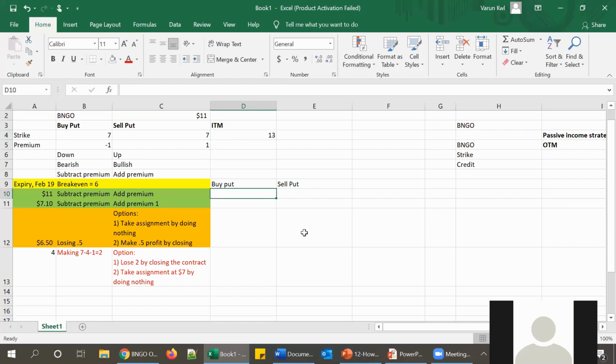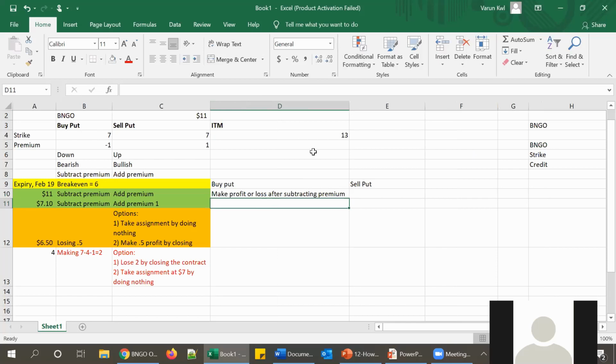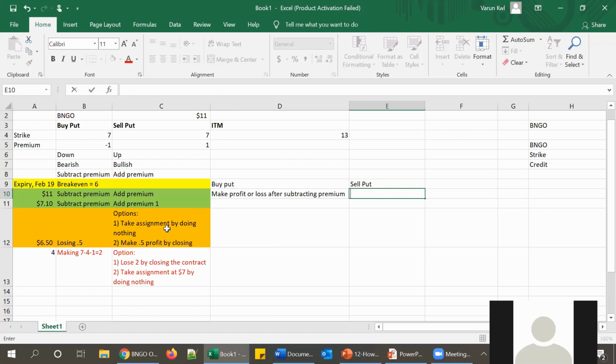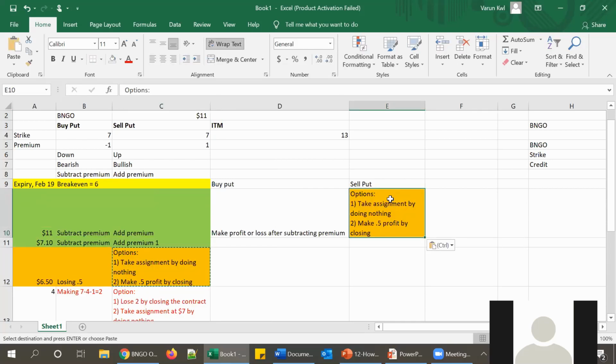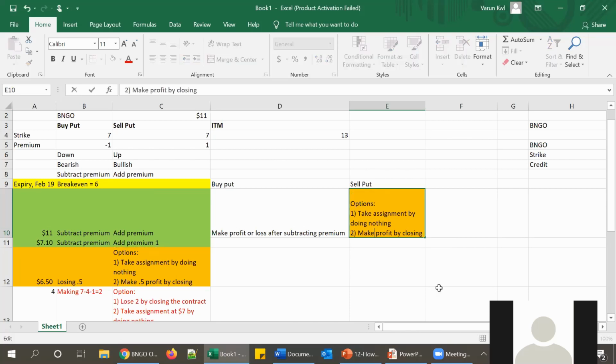So the buyer of a put is going to make a profit or loss after subtracting the premium, and the seller of a put is also getting assigned, taking assignment.